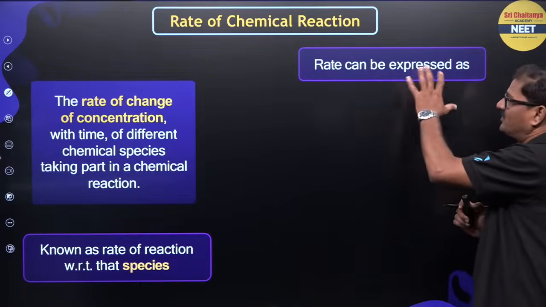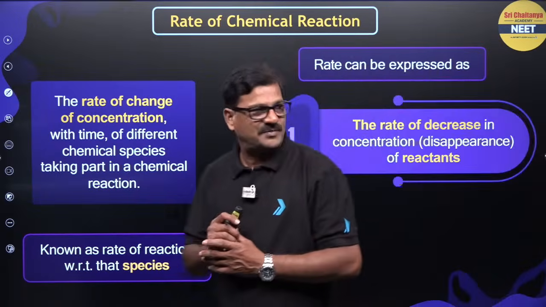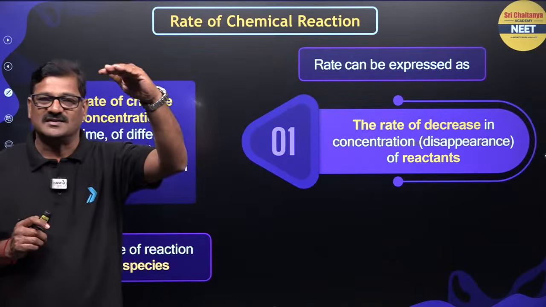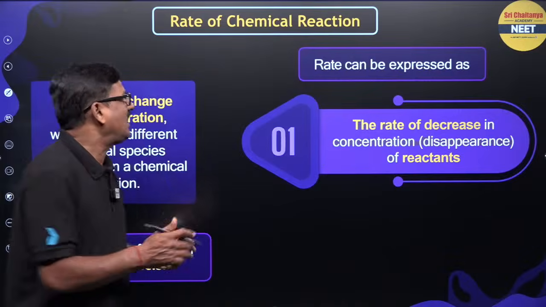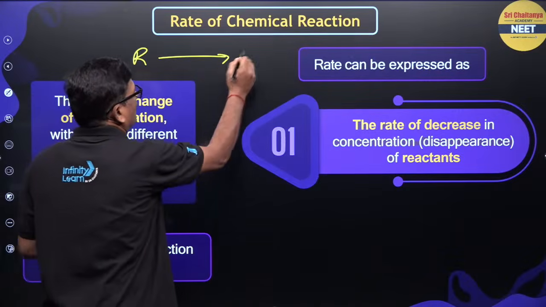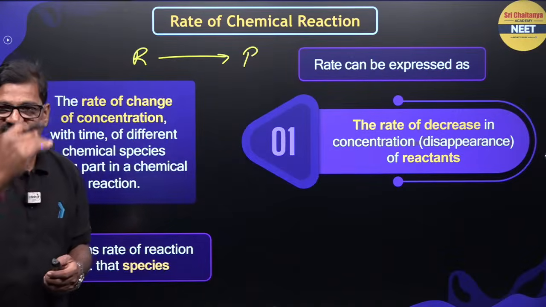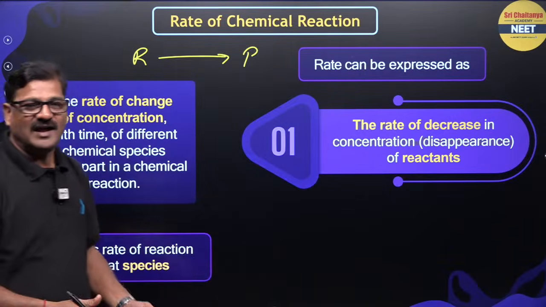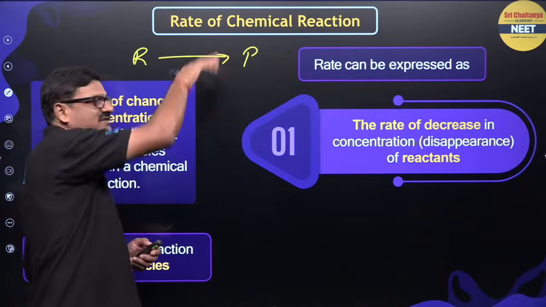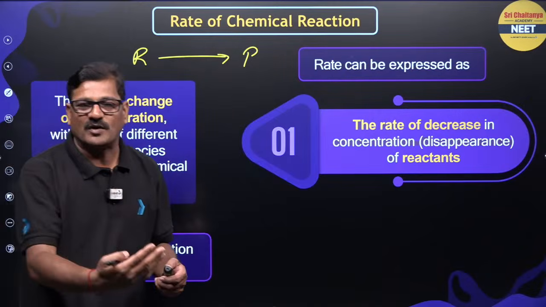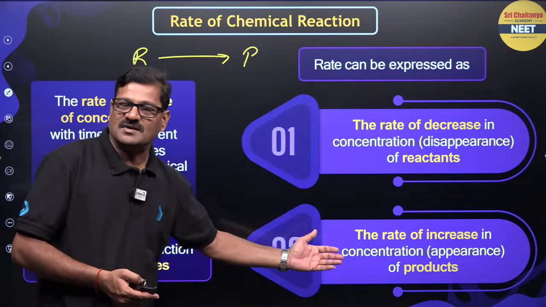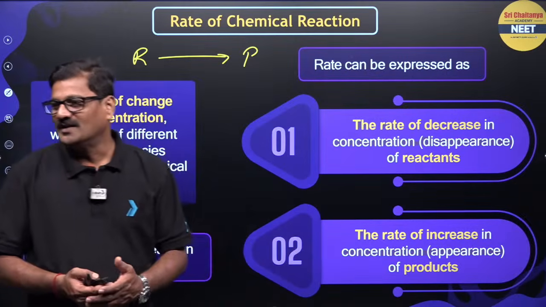And this rate can be expressed as the rate of decrease in the concentration of the reactant. As reactant gives rise to the product, reactants disappear, so rate of disappearance of reactant, and the product is generating, so products are appearing, so rate of appearance of the product.